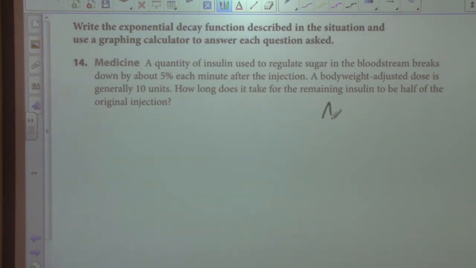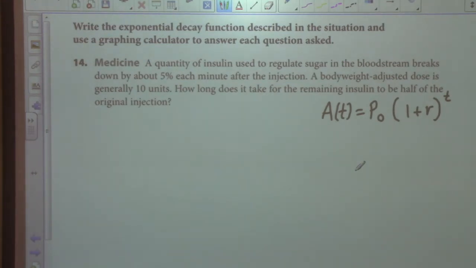That equation is A of t equals P sub 0 times 1 plus r to the power of t. Does that look familiar at all to you? It should.